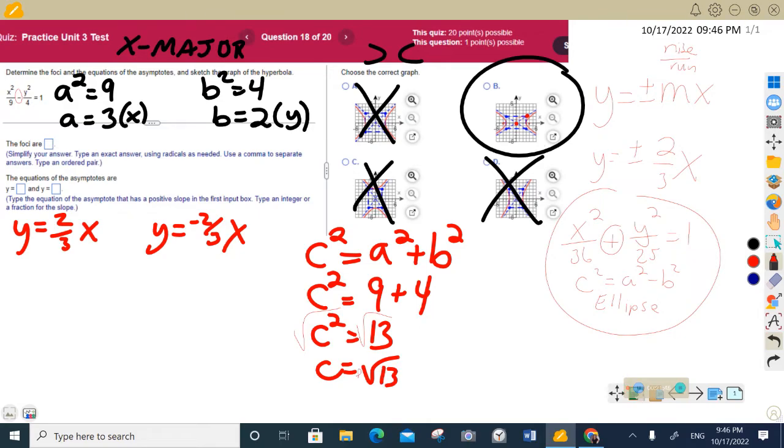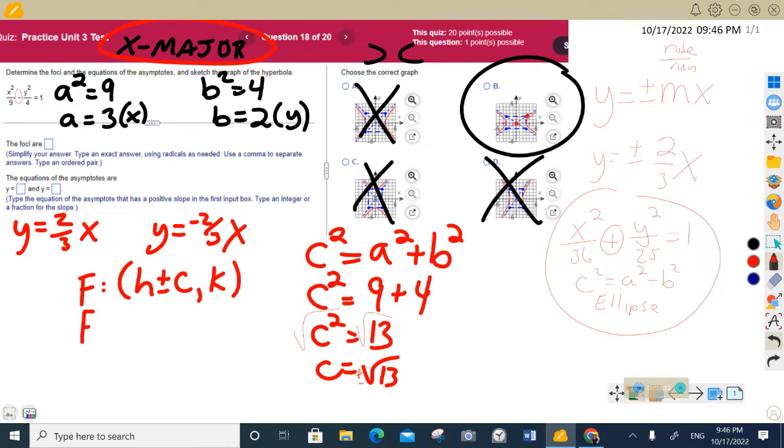Now, you're going to add the c and subtract the c along the major axis, which was x. So for the foci, it's h plus or minus c, comma k. That's only if the major axis is x. If it was y, you would do k plus or minus c.